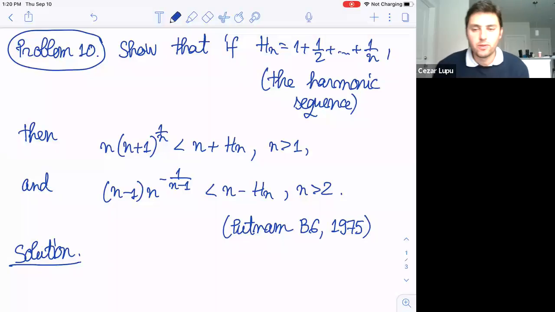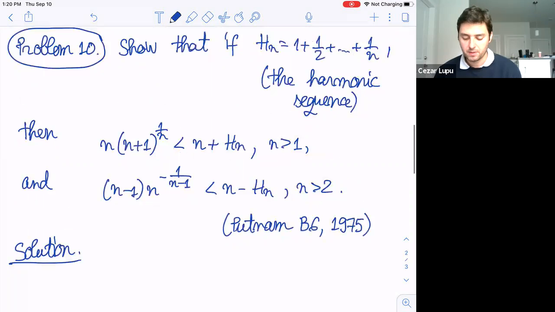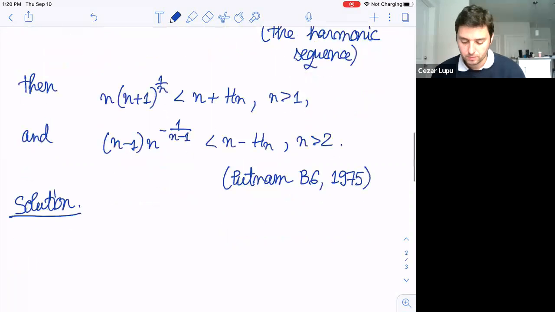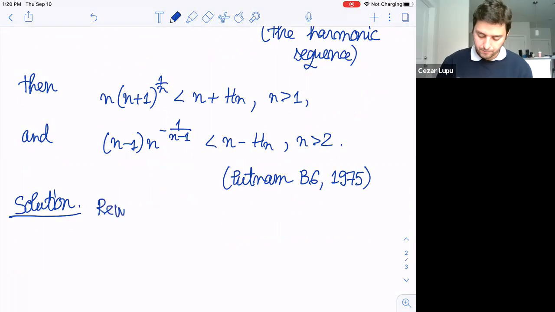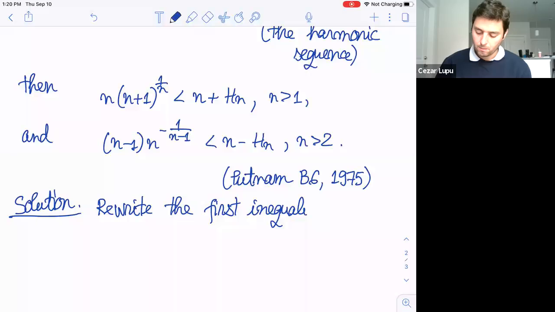When you have the n-th root of something, or maybe let's just rewrite this a bit. Maybe we can see it better. So rewrite the first inequality in the following way.